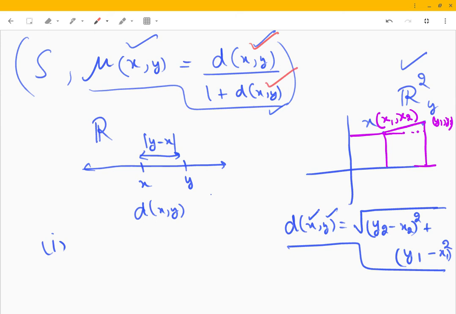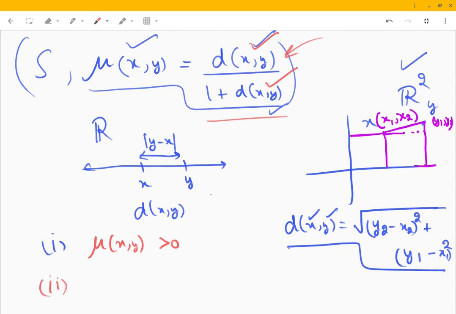So this entire quantity mu of x comma y would be greater than 0, right? Now, will it be 0 if it is the same point? Well, yeah, the numerator will become 0, so the entire quantity will become 0. So it will be 0 when we take the distance between the point and itself, or when x is equal to y, right?